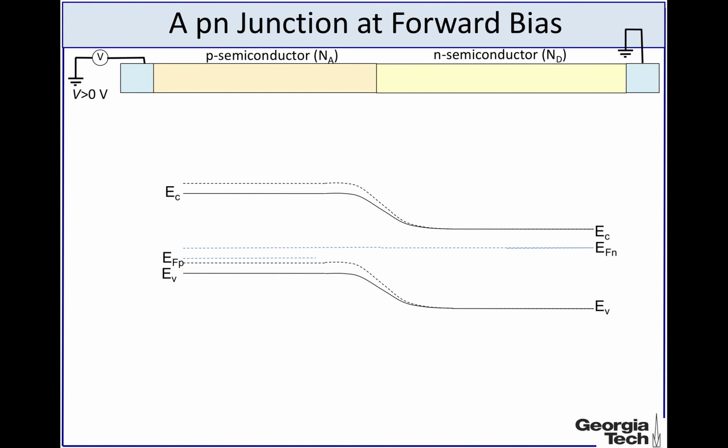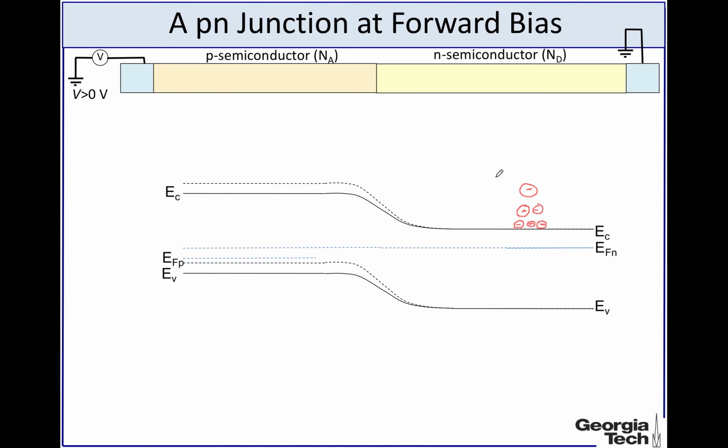All right, so in forward bias, what happens to the current? That's the next question. So as we have seen in one of the previous slides, the electron density, the number of electrons at a given energy, decreases as you go higher in the energy, right?